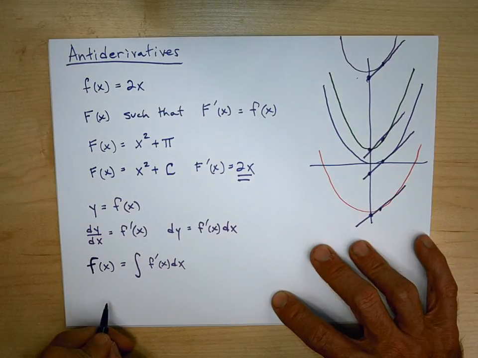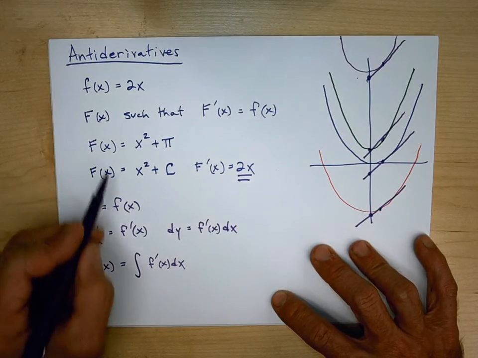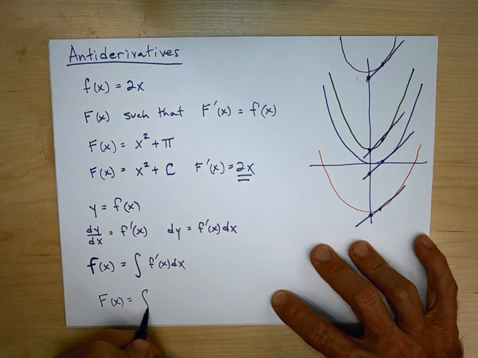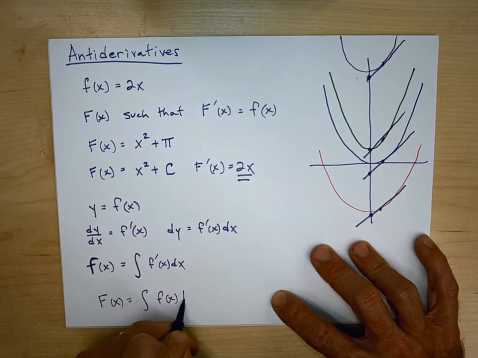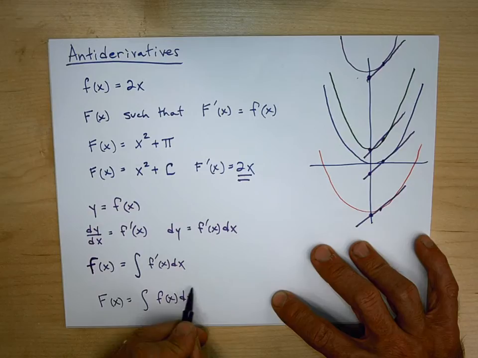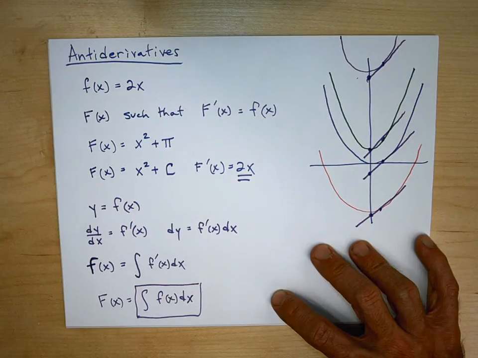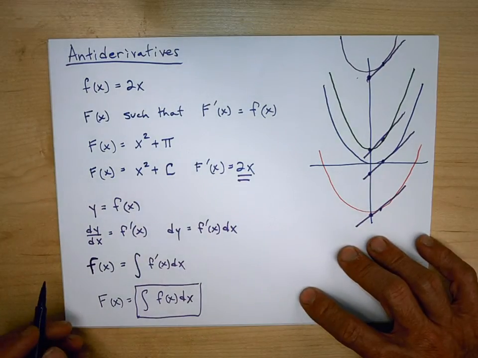Another way to think of it is, if big F is an antiderivative of f, then we have this. And this is the notation that you will see quite a bit, where you just have this integral sign with the function, and this is basically saying you're taking the antiderivative with respect to x. But this is where the notation comes from.